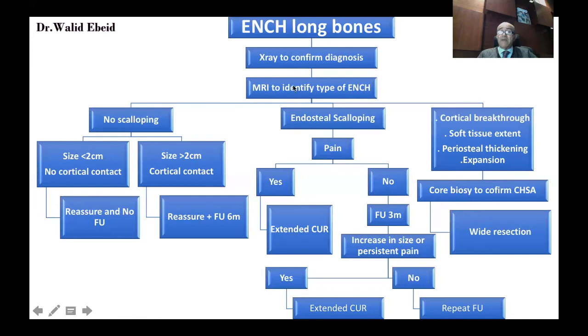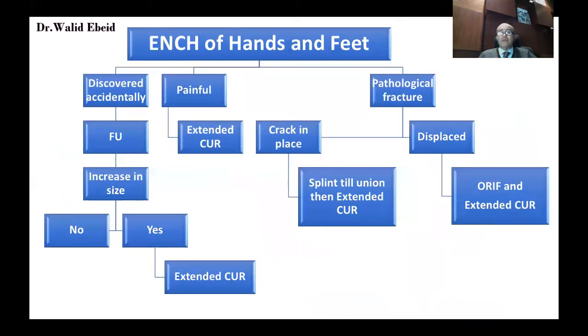And if the MRI showed cortical breakthrough, a soft tissue extent, or periosteal thickening and expansion, this means that this is a chondrosarcoma. We confirm this by a core biopsy, and if it's a confirmed chondrosarcoma, we go ahead with a wide resection. So this is the algorithm for treating enchondroma of long bones.